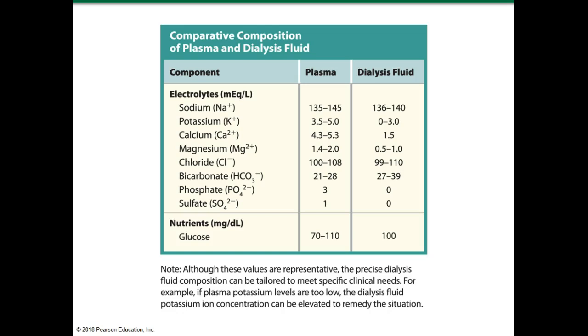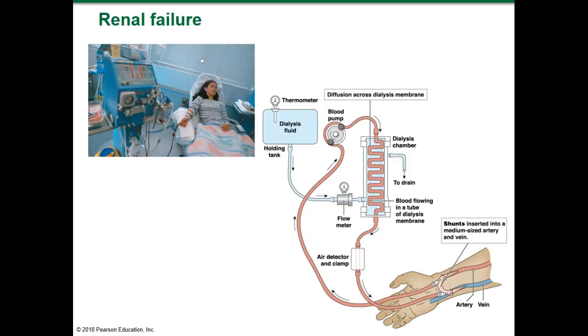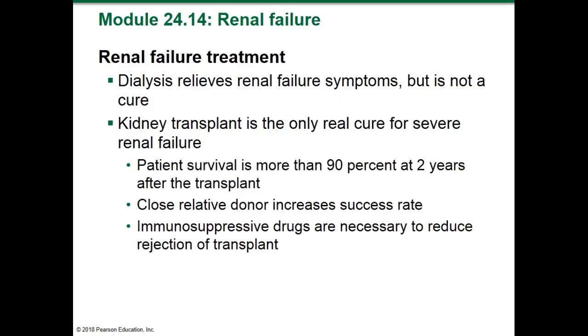And here's a comparison of what plasma looks like compared to dialysis fluid. This is a diagram of that operation. To treat renal failure, dialysis will relieve some of the symptoms, but it's not a cure.